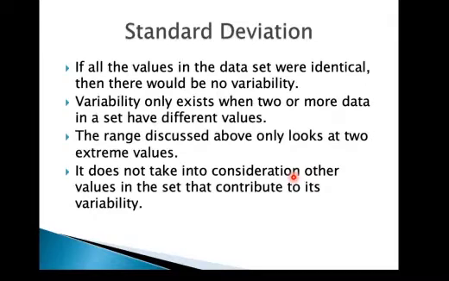We go to the next measure of dispersion, the standard deviation. Now, if all the values in the data set were identical, there would be no variability.